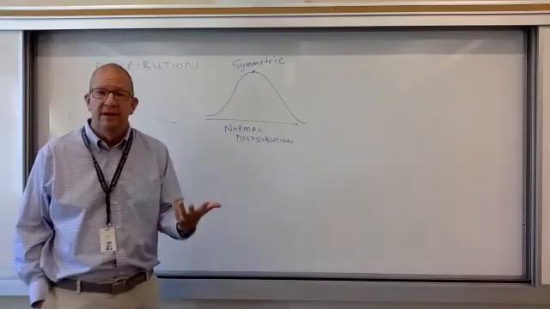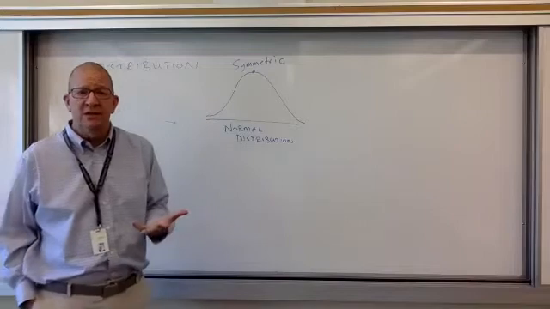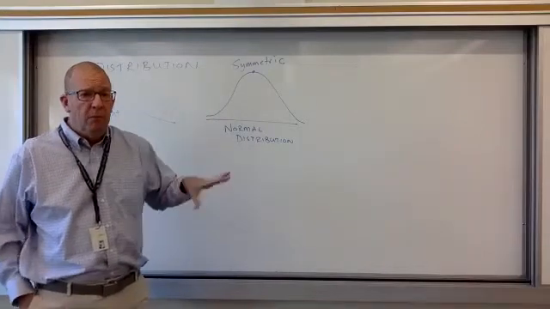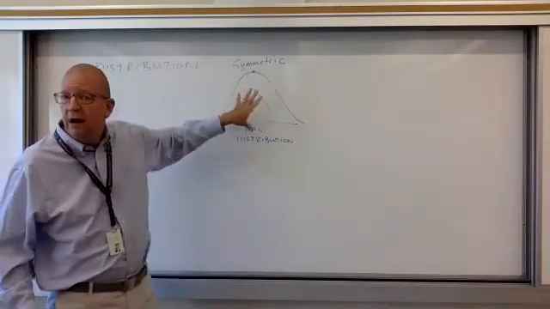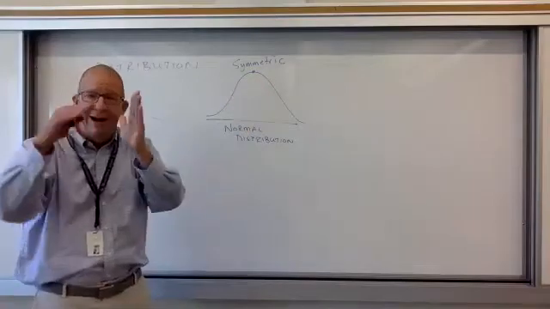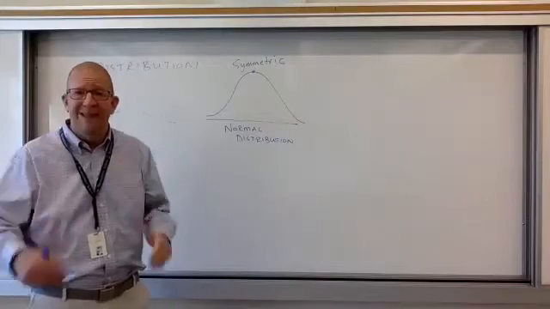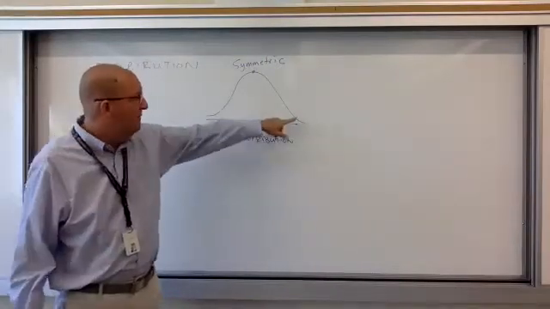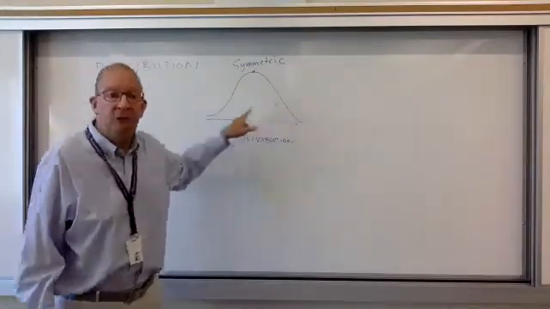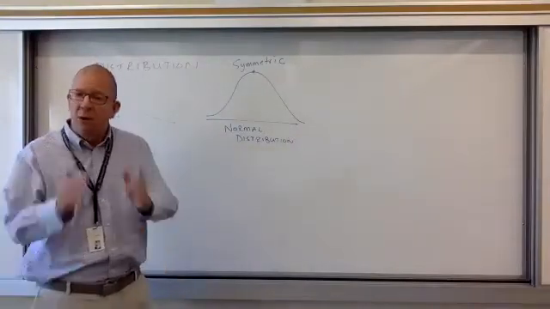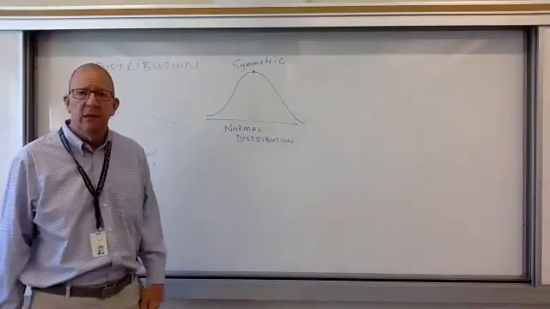For example, if you walk down the street in your city, most of the people are going to have a height right in a certain range, probably 5'4" to 5'11". You're going to have a few tall people and a few less tall people, but most everybody's kind of in the middle.